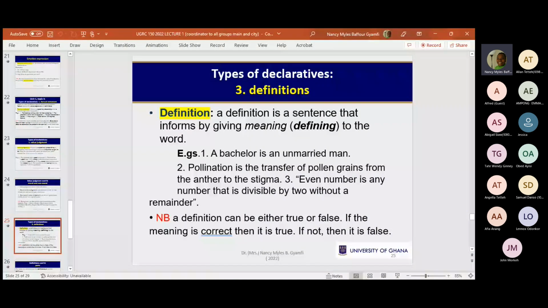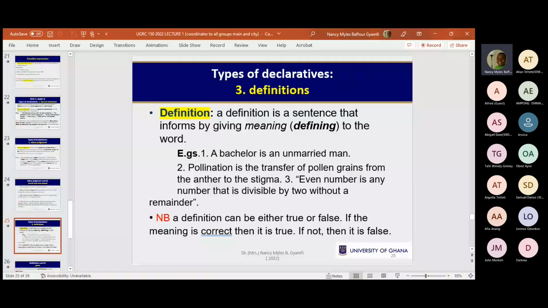Okay. So if you are looking at the third type of declarative, that is definition. The first one was factual statement, the second one was value judgment, and we are getting ourselves introduced to definitions. Definitions just show you how to use the word.